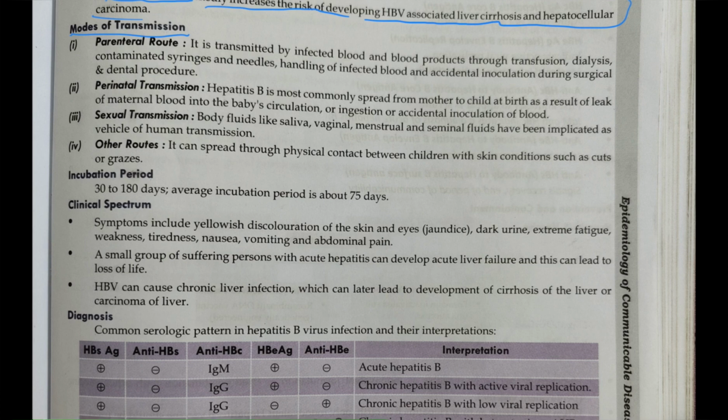Modes of transmission. Parenteral route. It is transmitted by infected blood and blood products through transfusion, dialysis, contaminated syringes and needles, handling of infected blood, and accidental inoculation during surgical and dental procedures. Perinatal transmission.